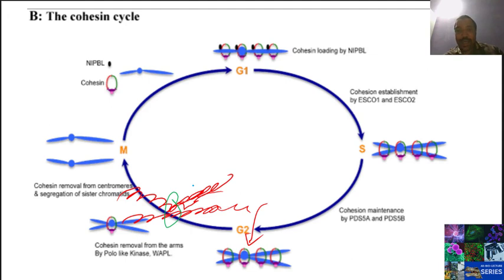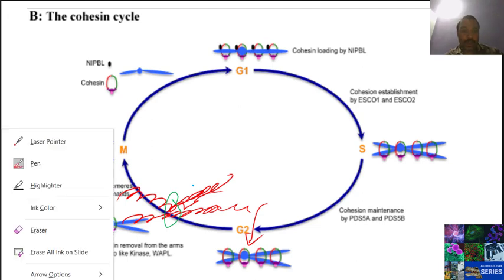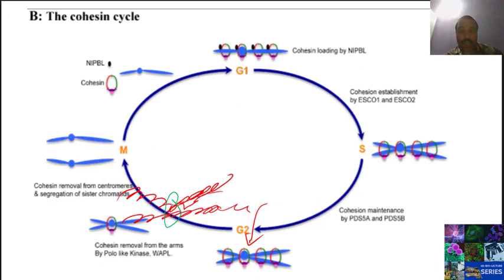So at the beginning of the prophase itself, cohesin should be removed from the chromatids. The process of stepwise removal of cohesin from the chromatids is called cohesin dissolution.